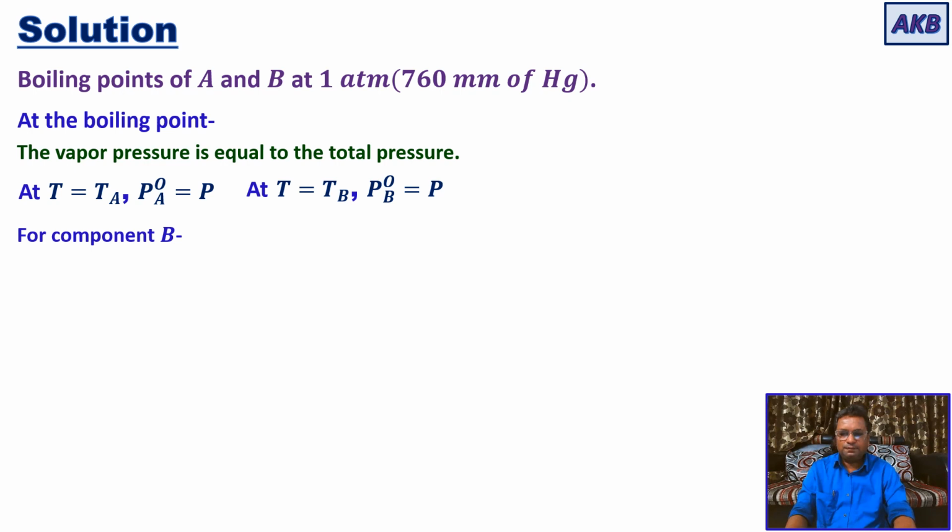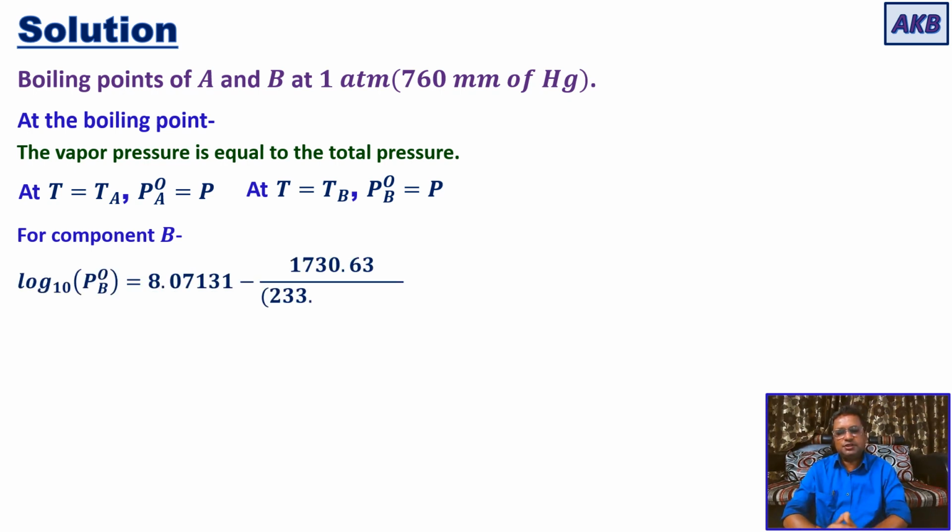For component B, the Antoine equation is log to the base 10 of PB naught is equal to 8.07131 minus 1730.63 divided by 233.426 plus T. In the next step, we will be replacing PB naught with the total pressure and the temperature with the boiling point to get the value of the boiling point.